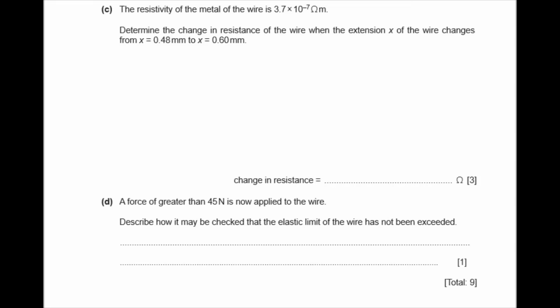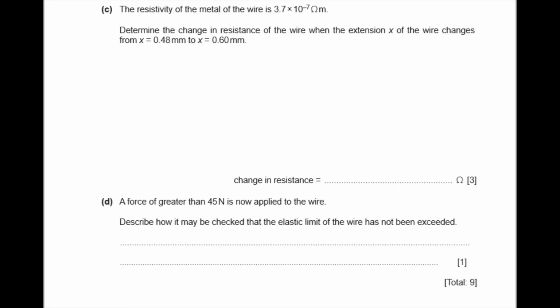C. The resistivity of the metal of the wire is 3.7 × 10^-7 ohm meter. Determine the change in resistance of the wire when the extension x of the wire changes from x equal 0.48 mm to x equal 0.60 mm.